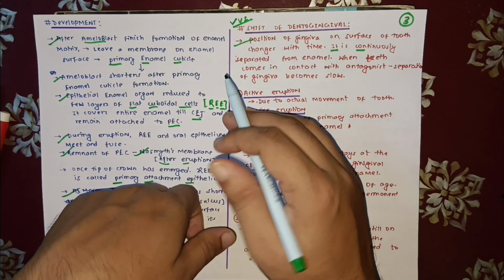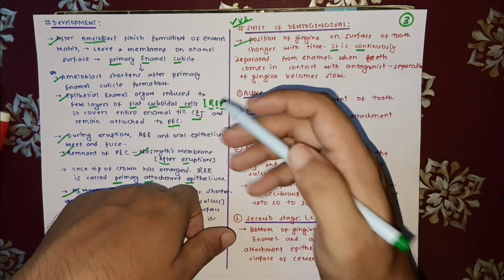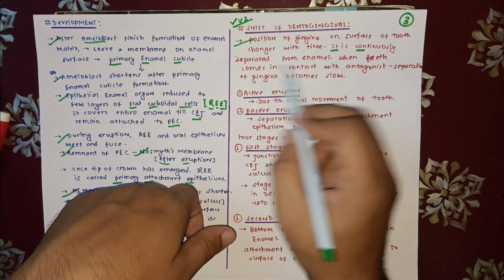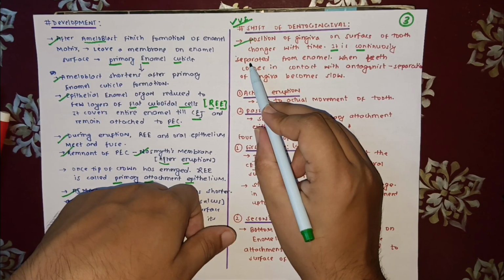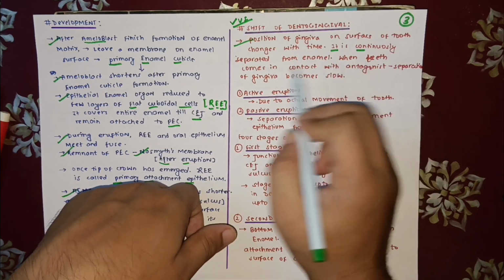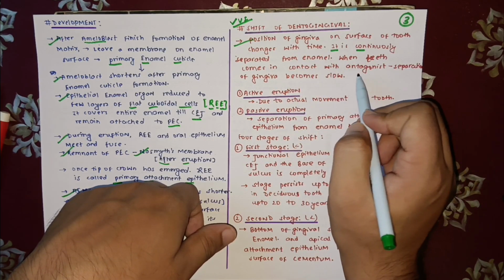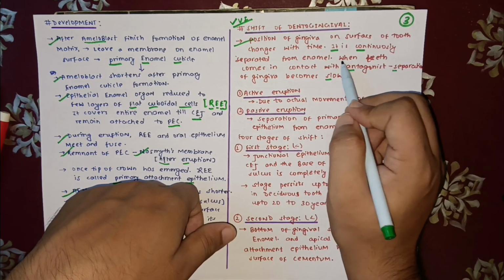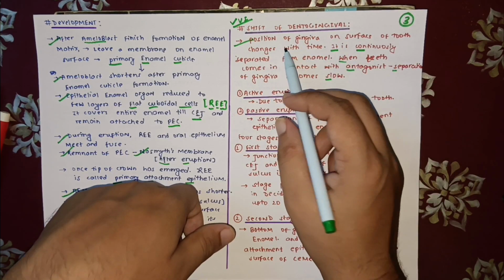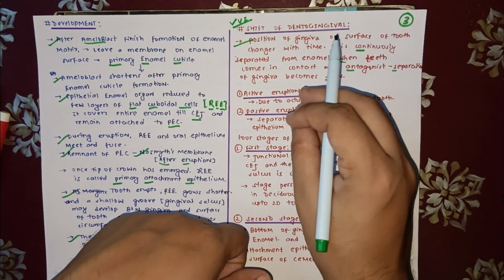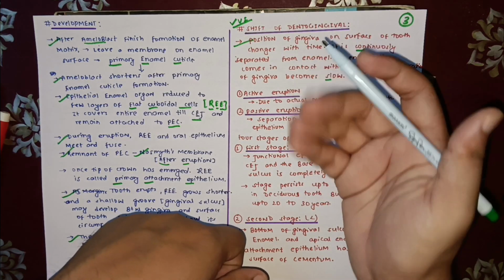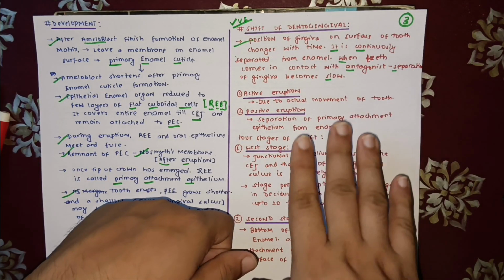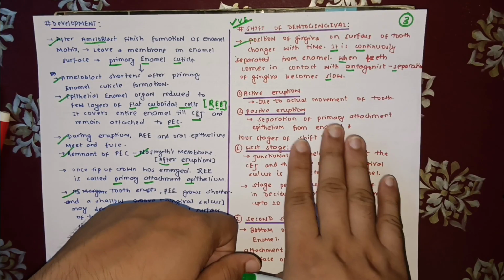It is continuously changing, and it is continuously separated from the enamel. When the teeth come in contact with the antagonist, separation of the gingiva becomes slow. So the gingiva portion over the tooth is not fixed.